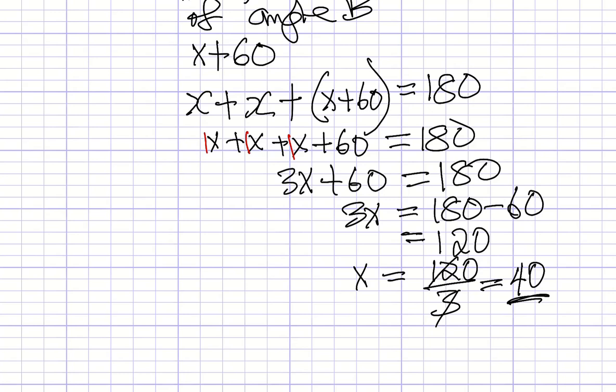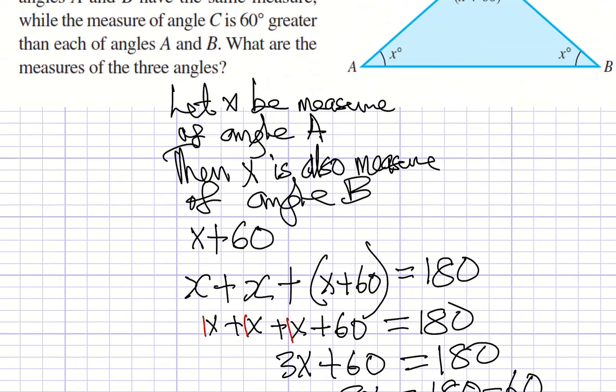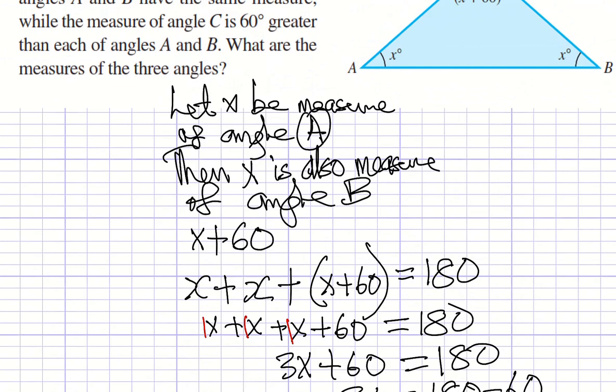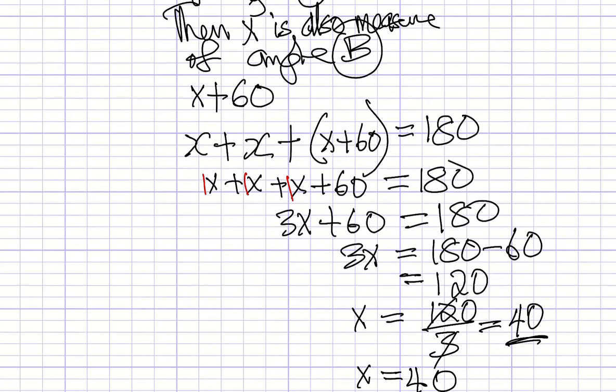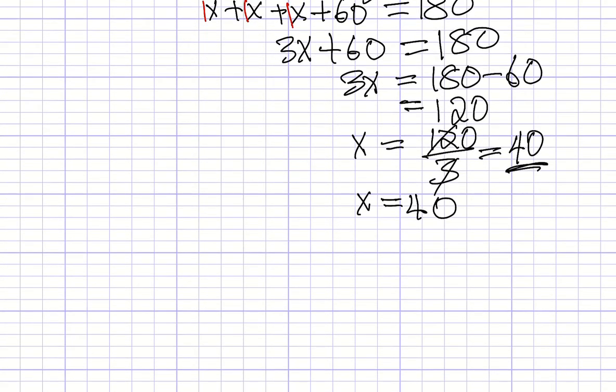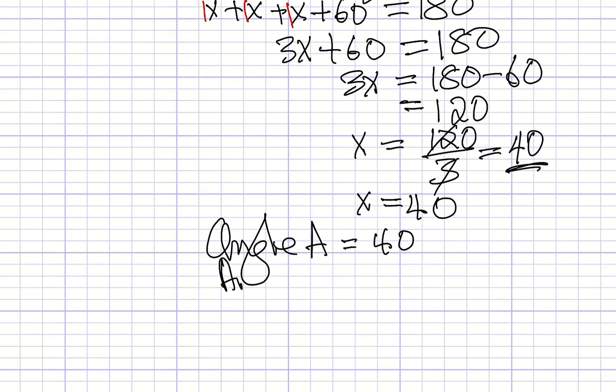You see it, right? Let me repeat that. x is 40. So basically, if x is 40, then angle A is 40 degrees and angle B is 40 degrees.